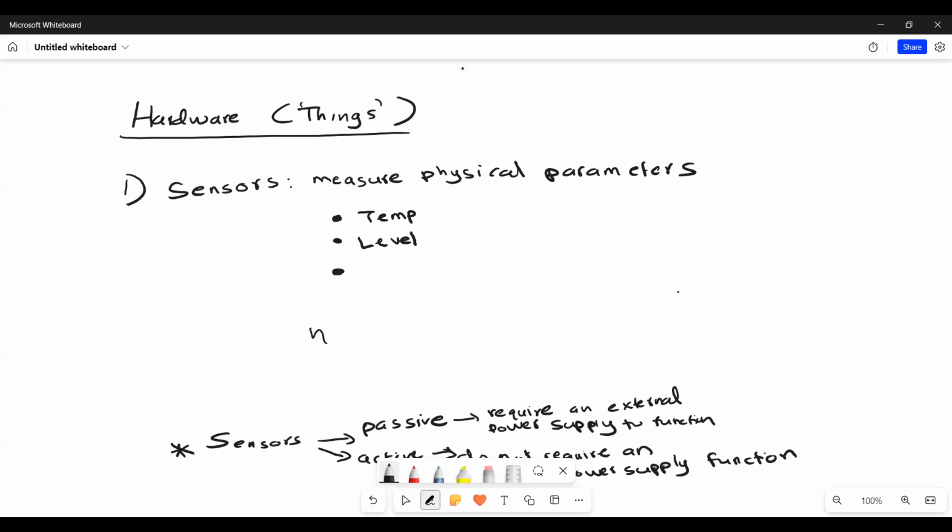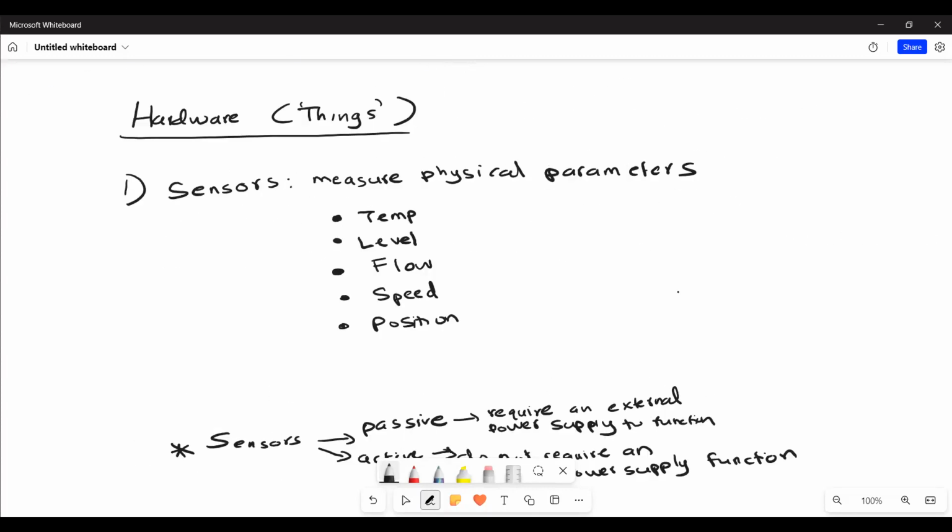Then the flow of a liquid, the speed of some object, and the position of some object or device. So basically these kinds of physical parameters can be measured using sensors in general, and we will discuss each of the types of sensors.